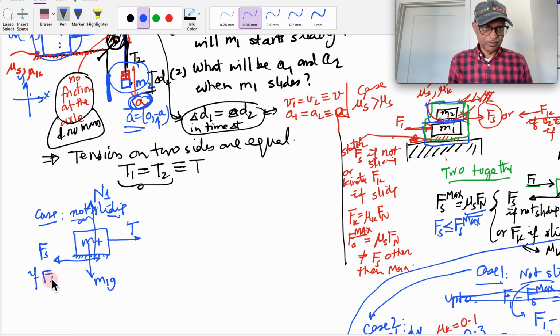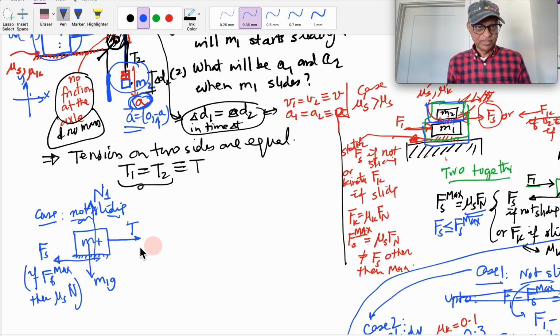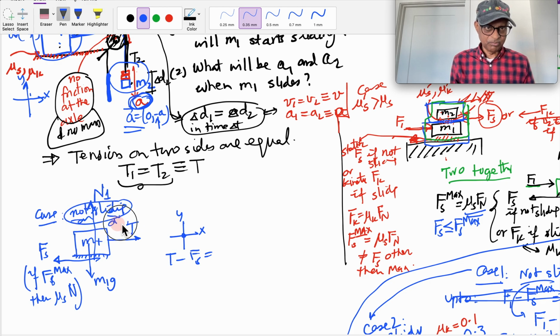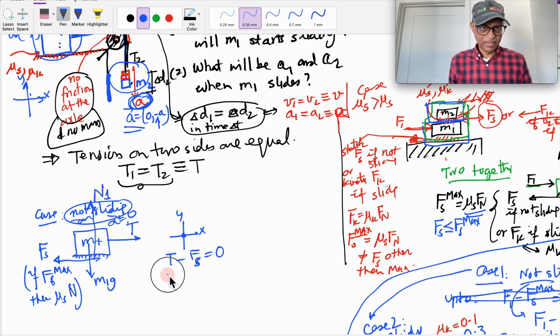If Fs is max, then we should write mu s times N. Now if you do this in x and y, then T minus Fs equals 0, because not sliding means acceleration is 0, and N minus M1g equals 0. So these are the equations here.